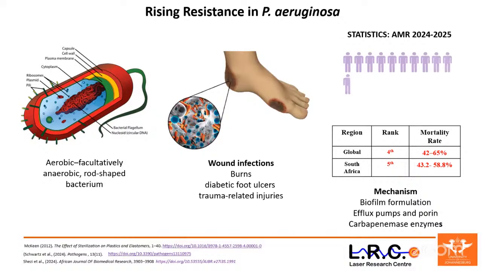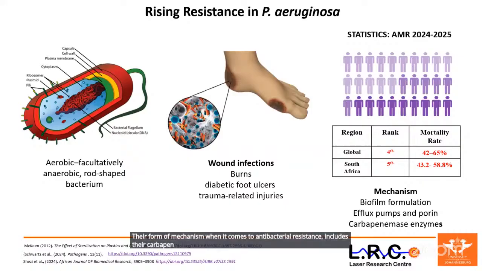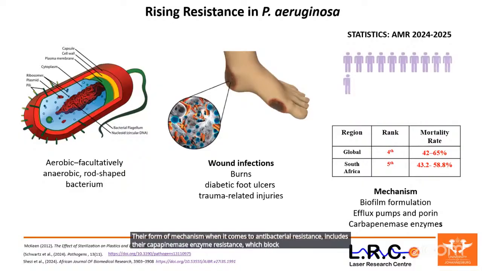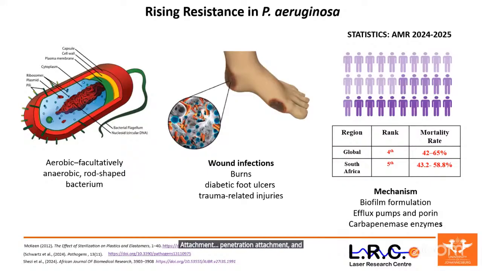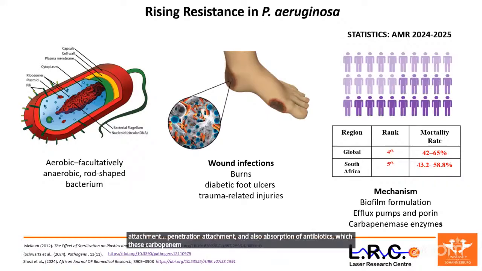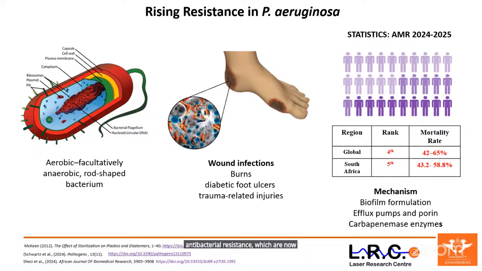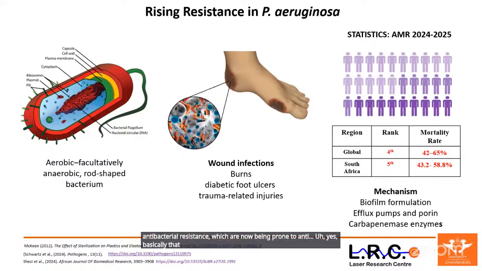Their mechanisms when it comes to antibacterial resistance include carbapenemase enzyme resistance, which blocks the penetration and absorption of antibiotics. These carbapenem antibiotics are the last phase of antibacterial treatment, and there are now high cases of antibacterial resistance.